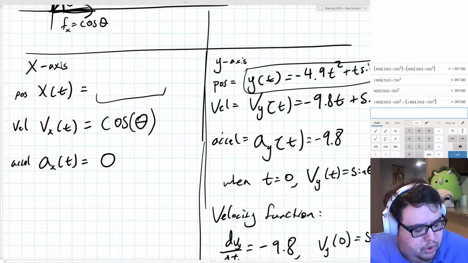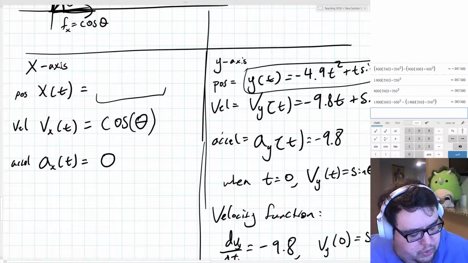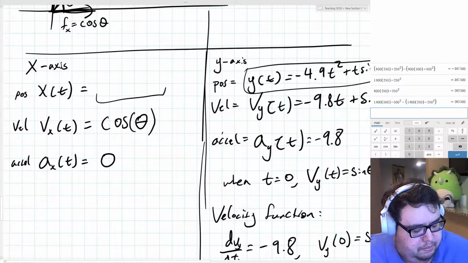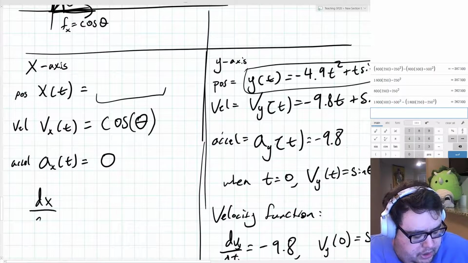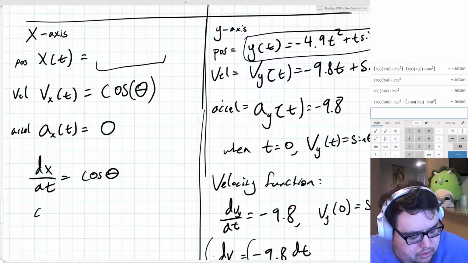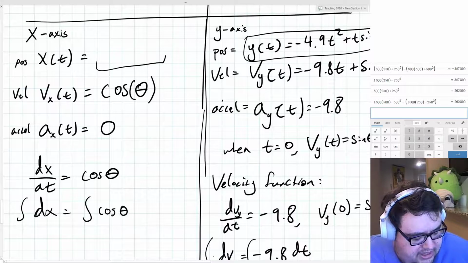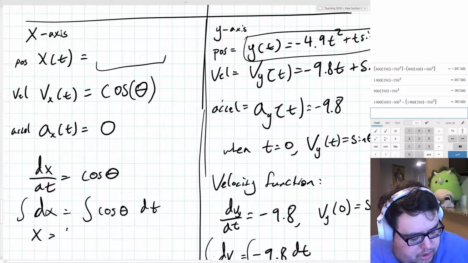There's just a little bit of work left over here on the left-hand side. We can find our position function, x of t, by, again, solving a differential equation. dx over dt is equal to cosine of theta. So the integral dx is equal to the integral of cosine of theta dt. So that means that x is equal to t cosine of theta plus a constant.